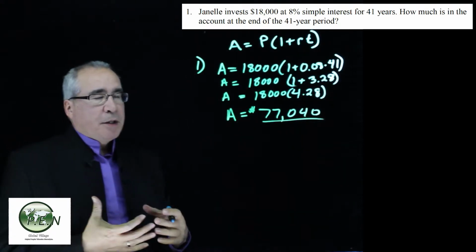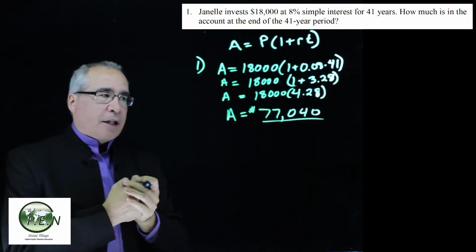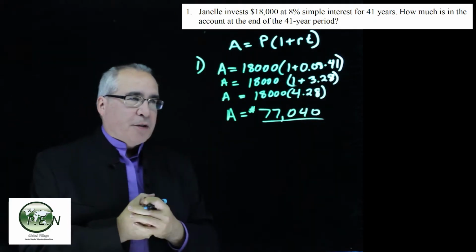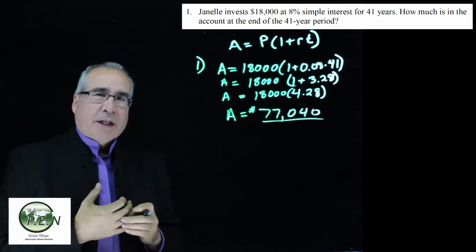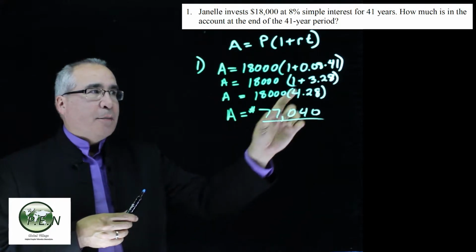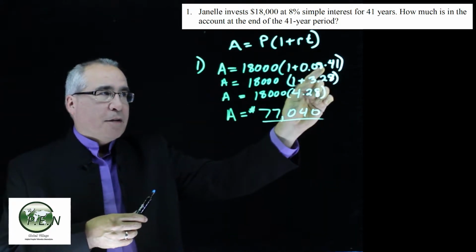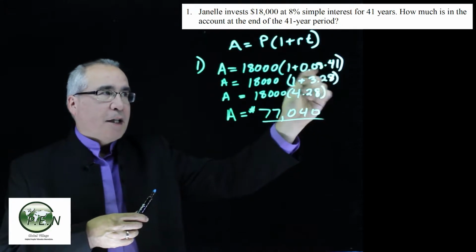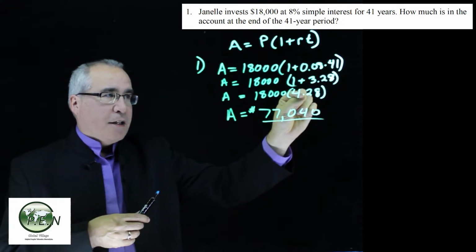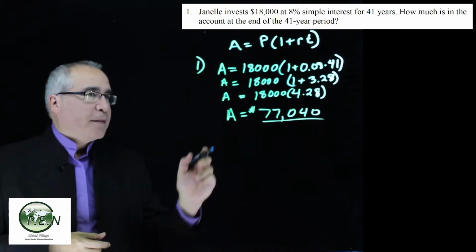Depending upon your calculator, you may be able to enter this all on one line and it will calculate it in one step. For the future questions, that's what we're going to kind of assume. But if you have a very basic calculator, you may need to go step by step and use order of operations. Multiplication inside the parentheses first, then addition, and then finally outside the parentheses the multiplication.